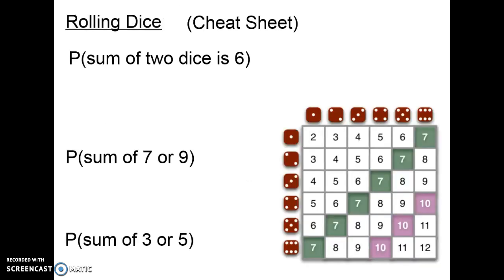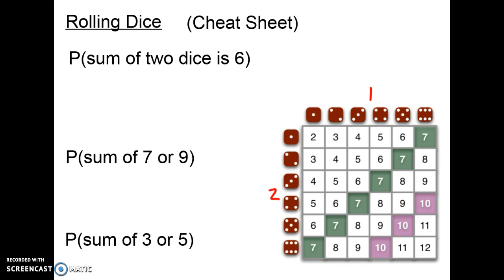So there is a cheat sheet that I'm going to give you. It's going to look like this over here at the right, and we're going to talk about adding these up. So like if you had rolled 2 dice, okay, so this is one die up there, 2 dice over here.